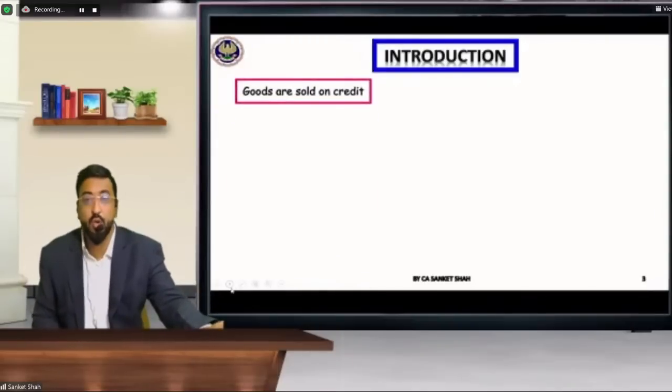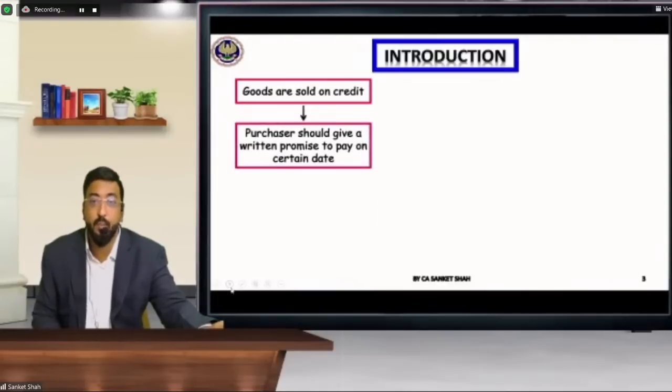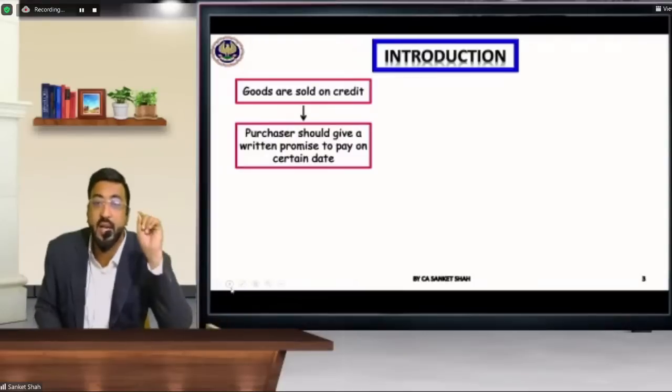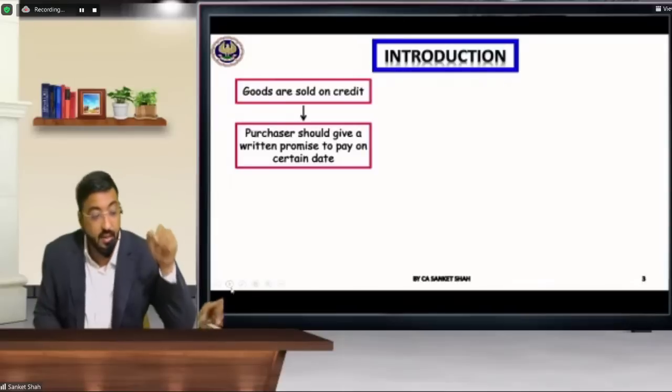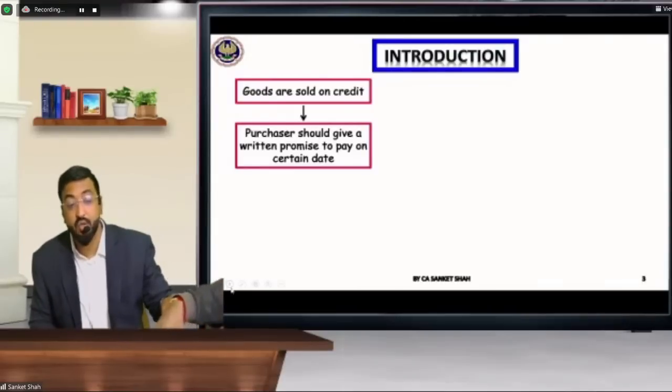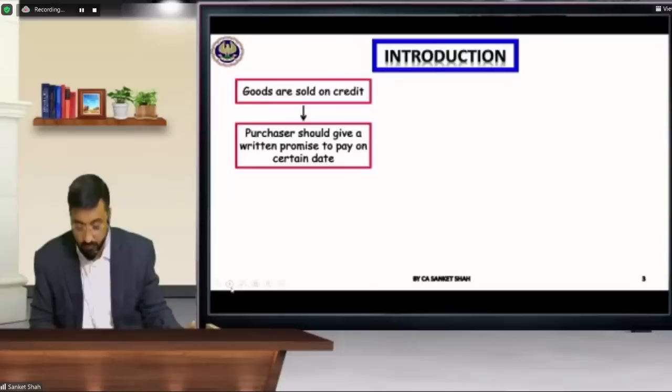Goods are sold on credit. Purchaser should give a written promise to pay on a certain date. So if the purchaser, in my case Mrs. Mona, is giving me a written promise, then it is called a promissory note.